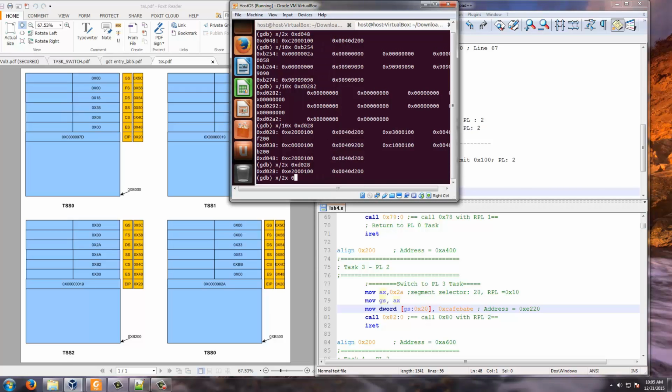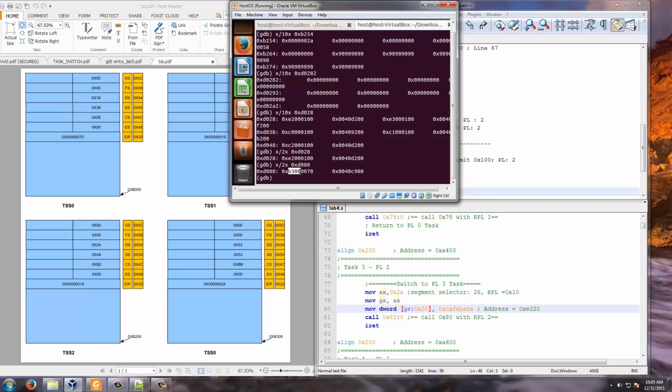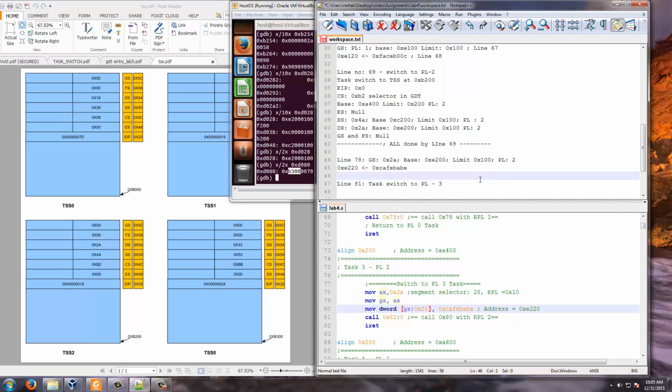So what is 0x82? Let us go and see that, x/2x. Let us go and see what is there in D080. That is the segment. So this is again a task state segment starting at B1300. And again, this is again a task switch to TSS at 0xB300.